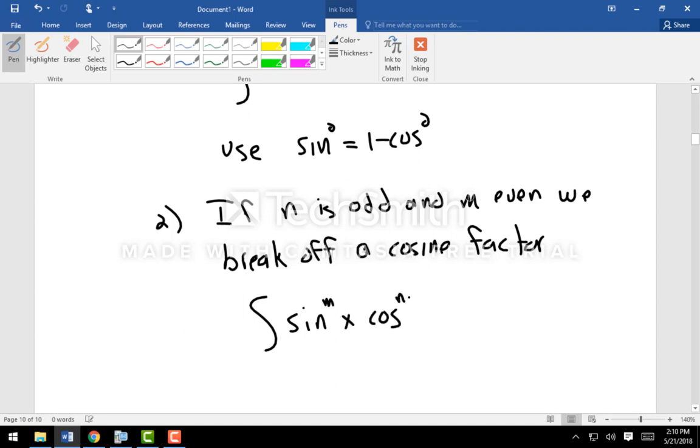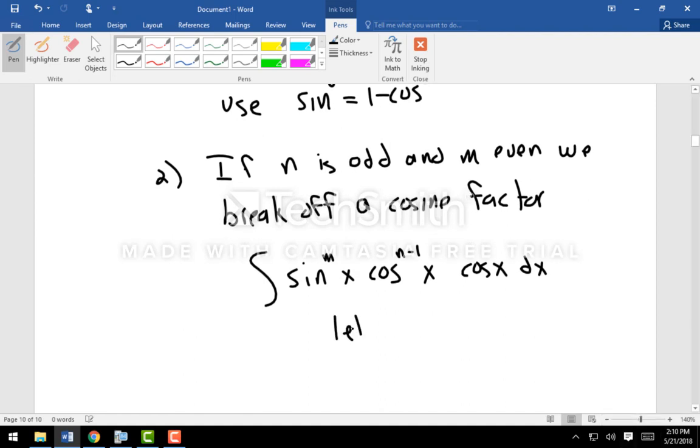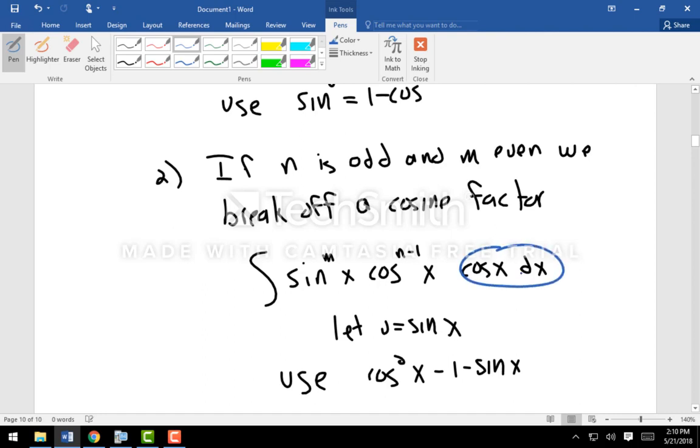Now we've broken off a cosine factor, and we're going to save that for the du term. So in that case, we're going to let u equal sine of x. And then we're going to use the identity as necessary that cosine squared is 1 minus sine squared. Let me colorize this for a moment. So this is going to be our du term. That's why we're letting u equal sine.